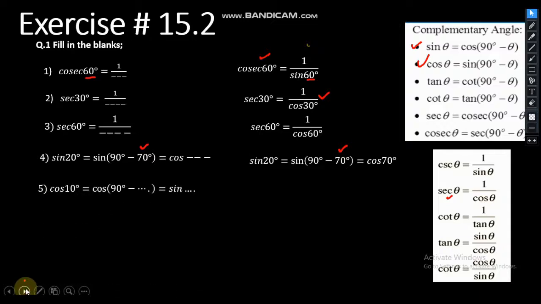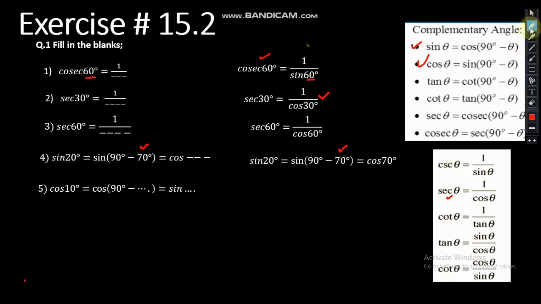Now question number 5. Cos 10 degree is equal to cos of 90 degree minus dash, which is equal to sine dash.